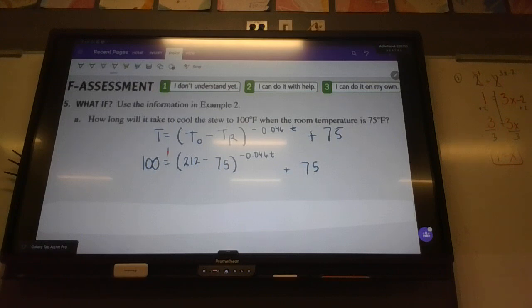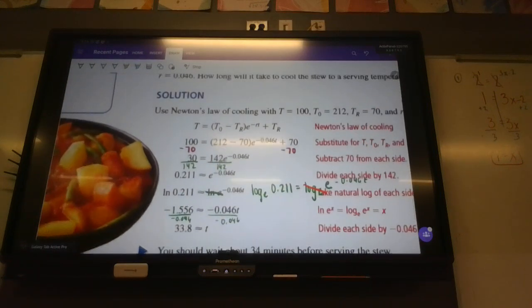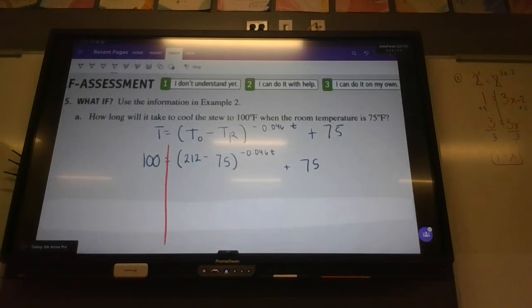All right, let's isolate. So step one, oh, I forgot the base e, the most important part. So we need to isolate base e, so let's subtract 75 first.